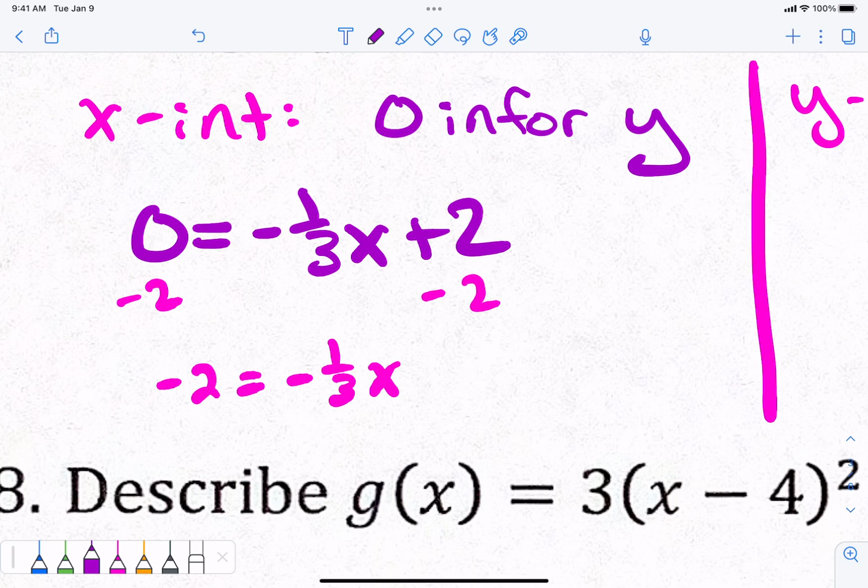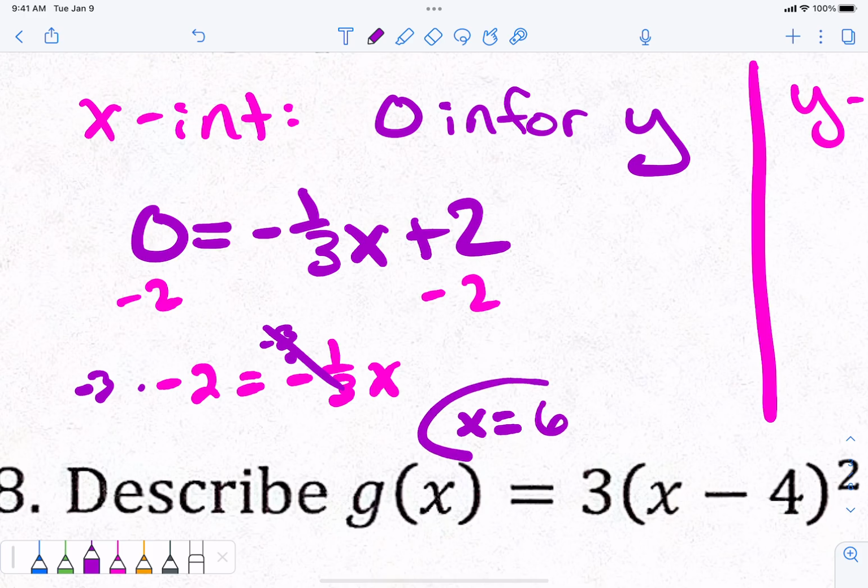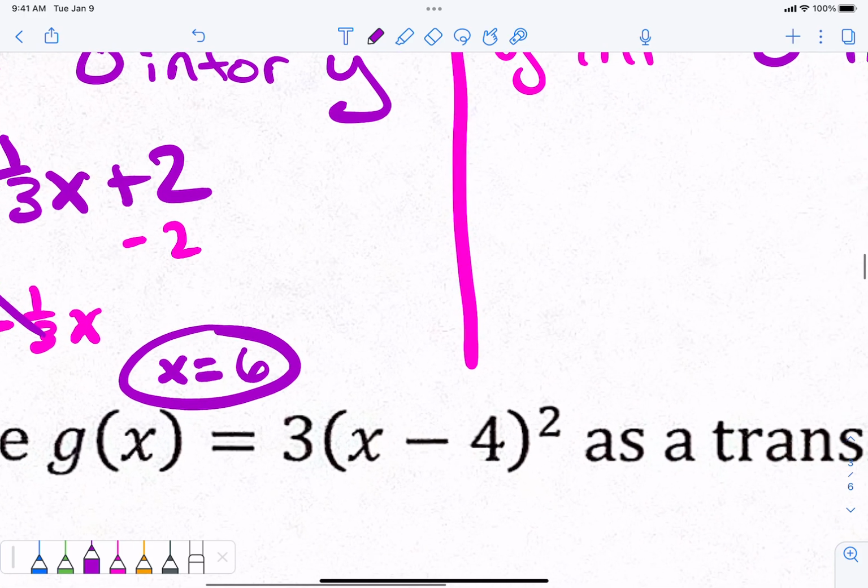Now we're going to divide. How do you get the 1/3 moved to the other side? Divide by negative 1/3 or multiply by negative 3. So the x-intercept is 6.